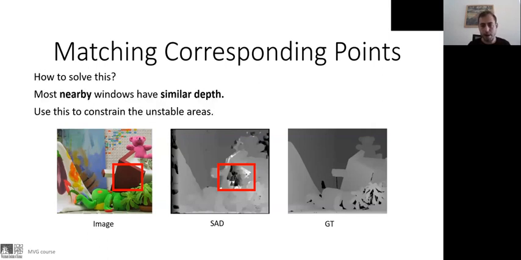So as you said, the way to address this is to apply some smoothness and assume that nearby windows have similar depths.